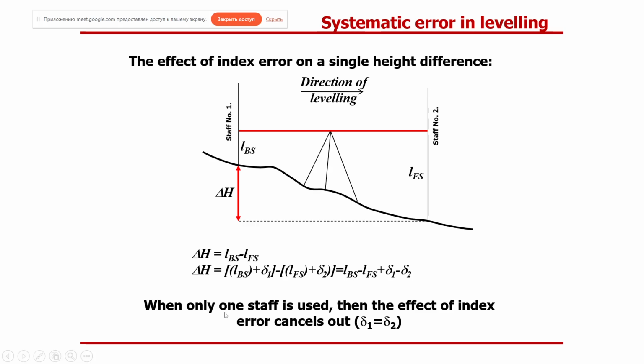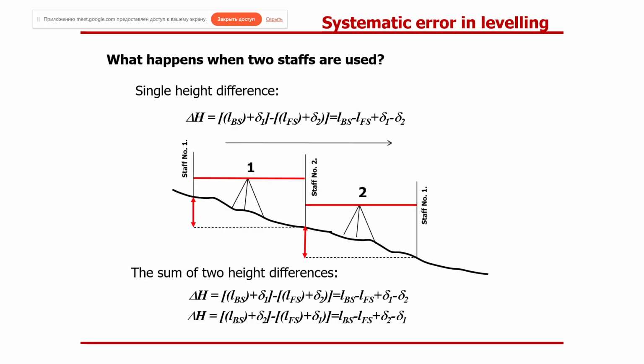When only one staff is used, the effect of index error cancels out. However, often we use two different rods, two different staffs, and so this effect of index error should be taken into account. What happens when two staffs are used?